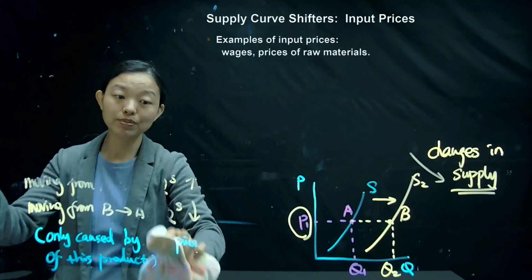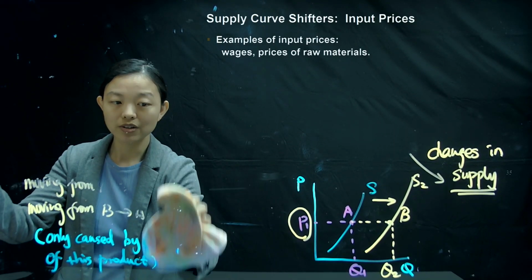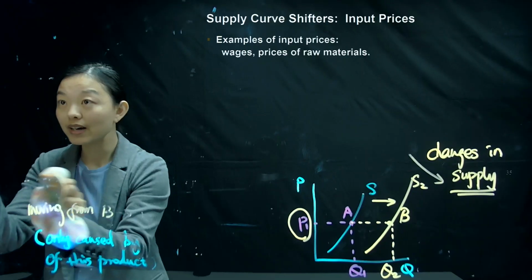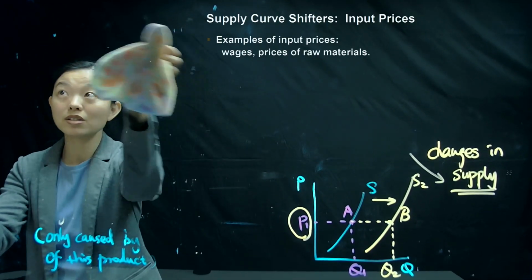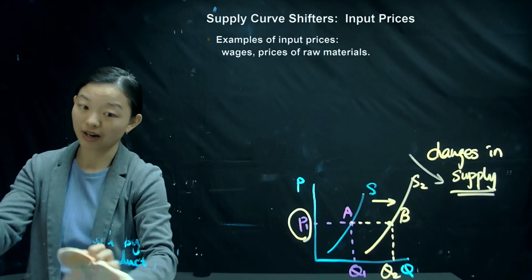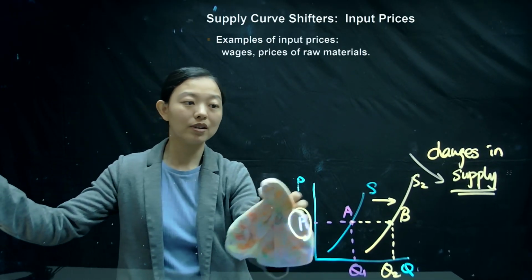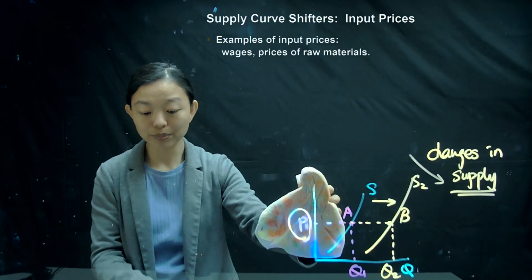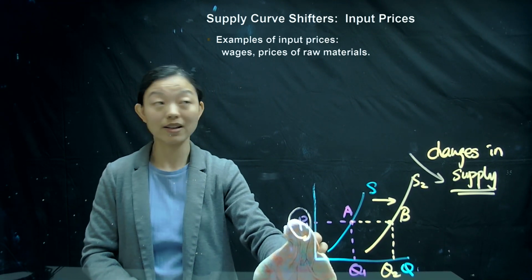If the input prices decrease, which means the cost decreases, then even if the market price doesn't change, the sellers would like to offer more of those products, which will definitely increase the supply. So when the input price or cost decreases, sellers would like to offer more goods, which will shift the supply curve to the right-hand side.